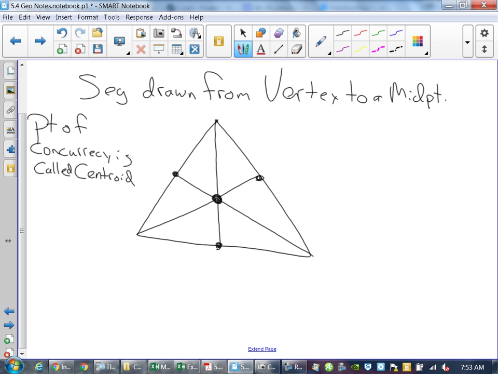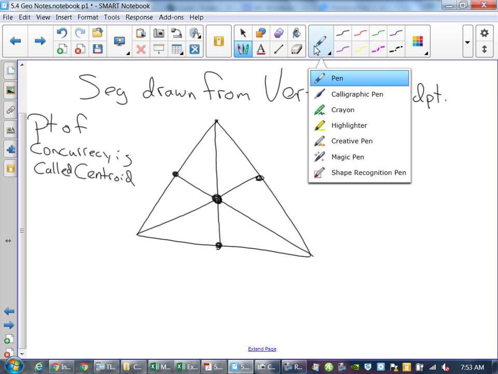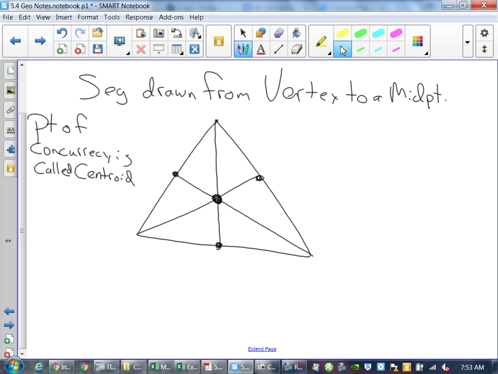And the segments that are created in a centroid tend to be a little bit weird. Sounds like a StarCraft. Okay. So what happens is, that centroid takes the median and cuts it into two different segments. Everybody see that? You have the first part of the segment that is from vertex to centroid. And then you have the other part that is centroid to side.